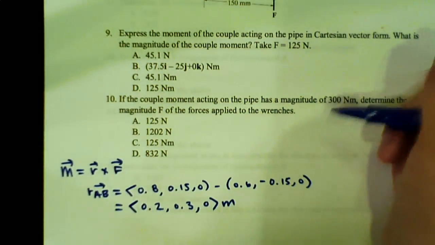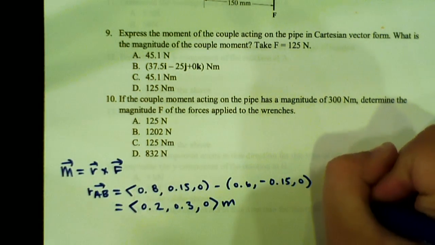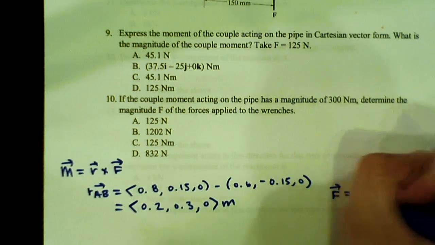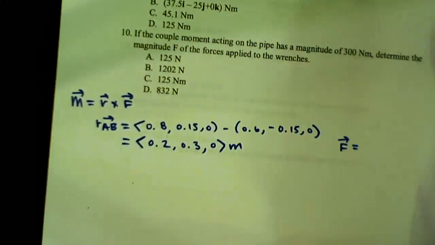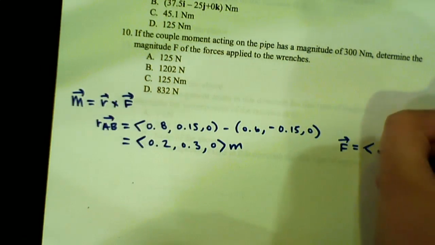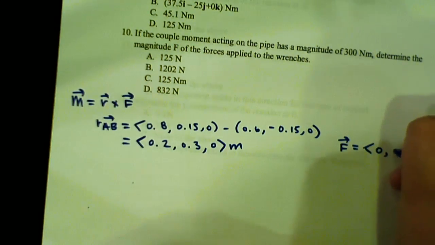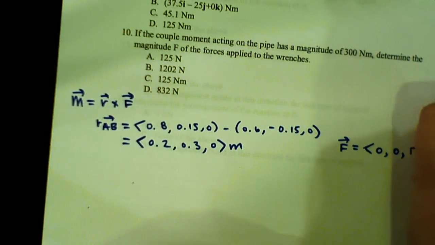So for problem 10, I would just have F be the F over at B. So we know that our force vector is going to be 0 in the X, 0 in the Y, and then a positive F in the Z direction.